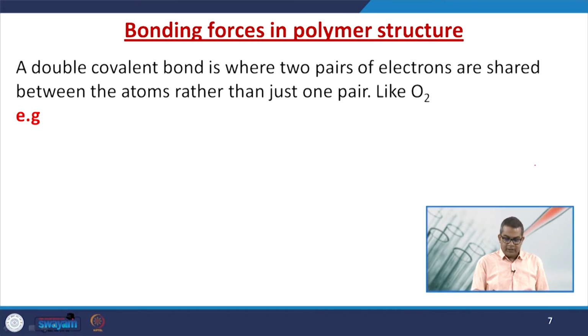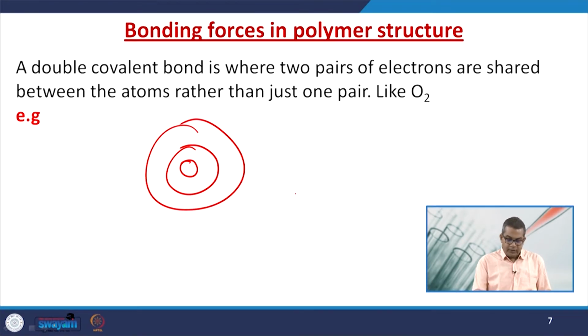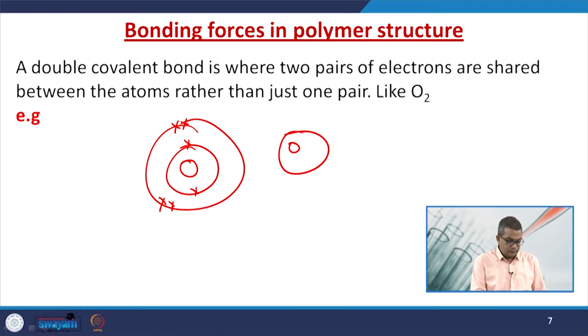Here you can see an example, say the oxygen molecule, and here these are two pairs.